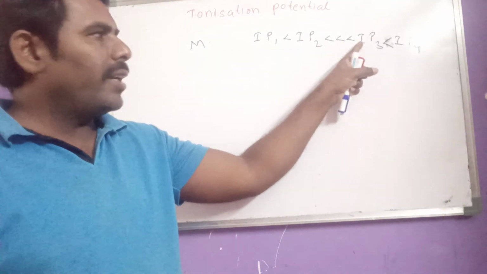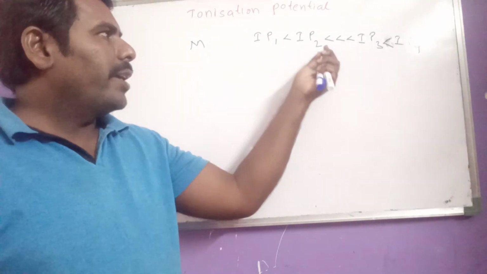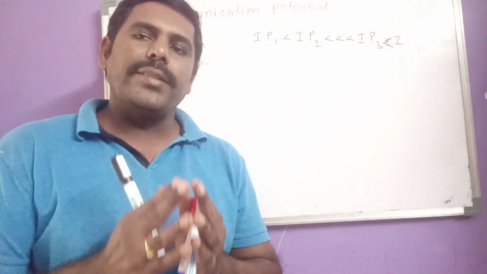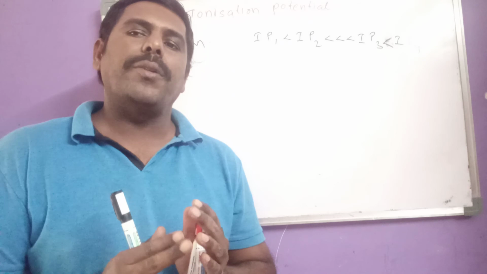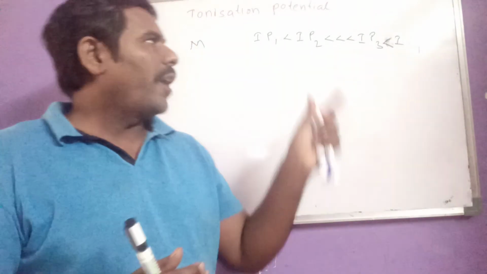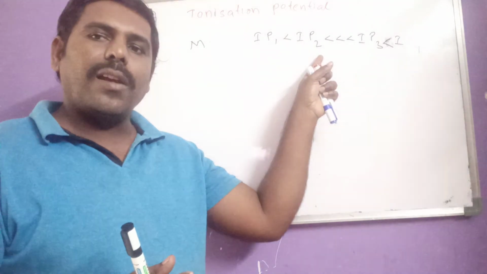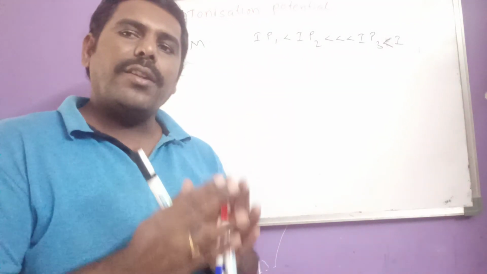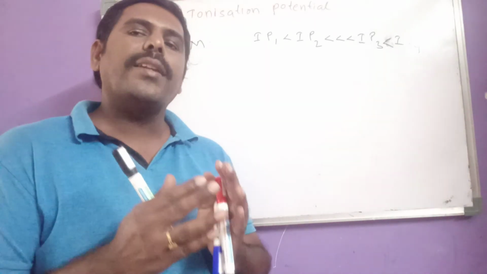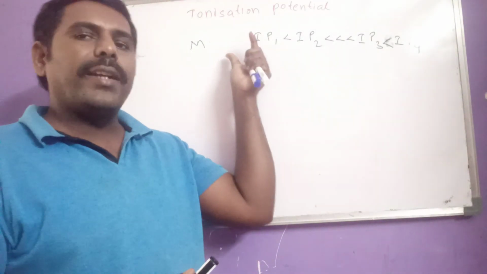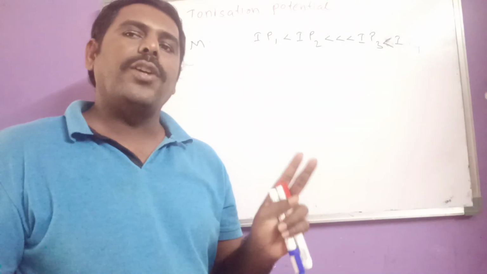Here, between the second IP and the third IP there is a sudden energy gap. Why did that gap take place? After removal of two electrons, this element M got inert gas configuration. That means this element belongs to second A group.